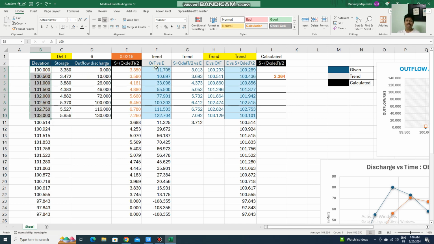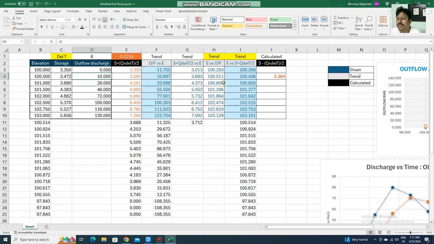But still you can calculate to know the error, because to find the error you have to deduct this 10, this is the actual one, from this 10.697, this is the observed one, and divide it by the actual one. So you will find what is the error. Because for any prediction you must know the error.